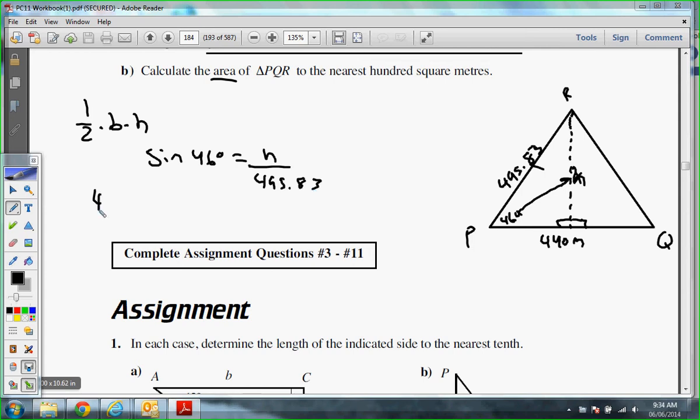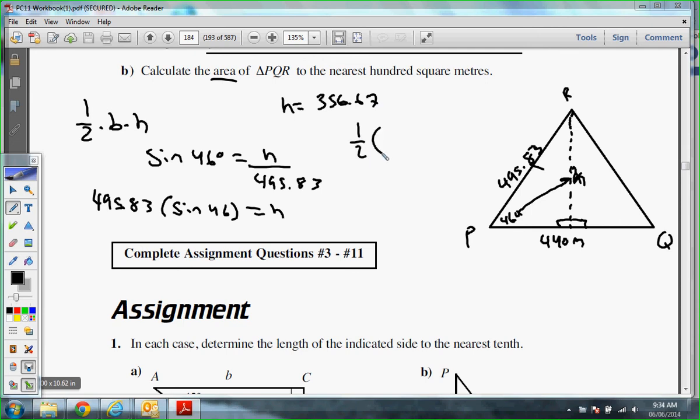We're going to times the 495.83 over, and that's going to kick out our height. For your height, you should get 356.67.